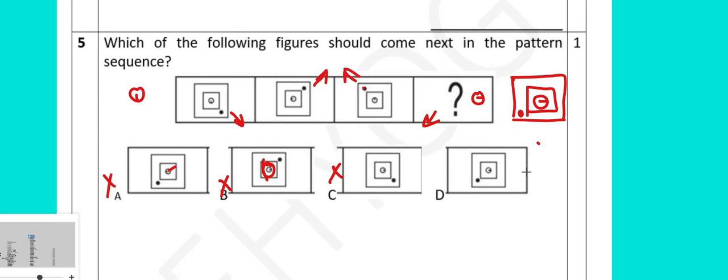The only figure that matches is the figure right here, option D, with the black dot positioned at the left hand side and pointing downwards, with the circle and the line inside it pointing right hand side. So option D is our correct answer for question number 5.